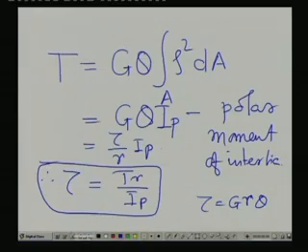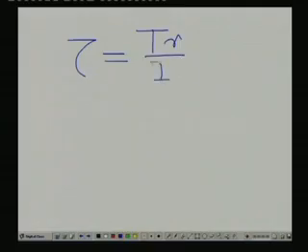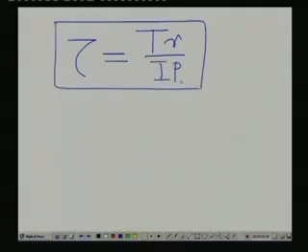And if we go back once again to a fresh page, the important relationship is tau equals T R by I P. This is a very important relationship we use too often in machine element design.